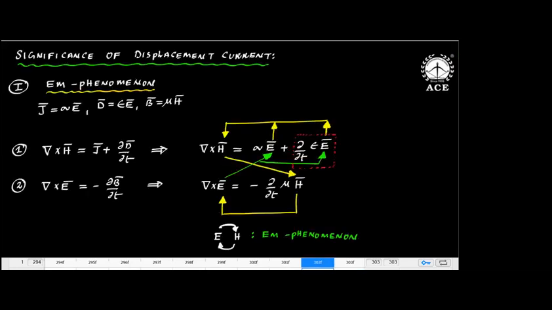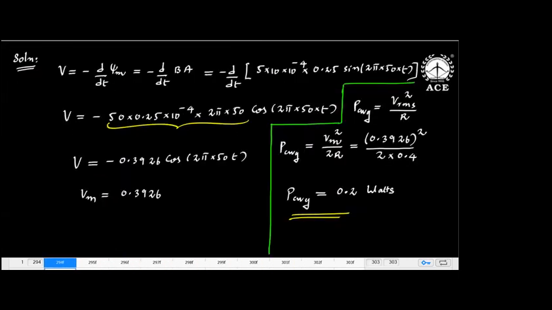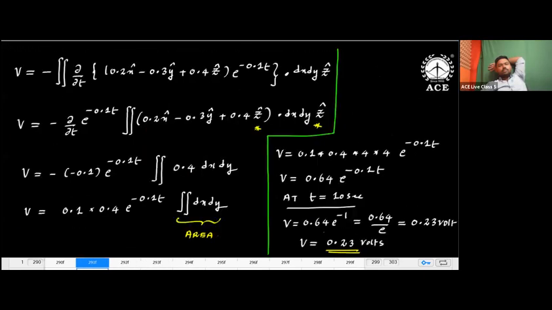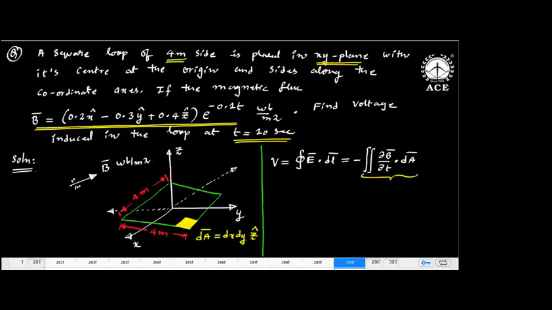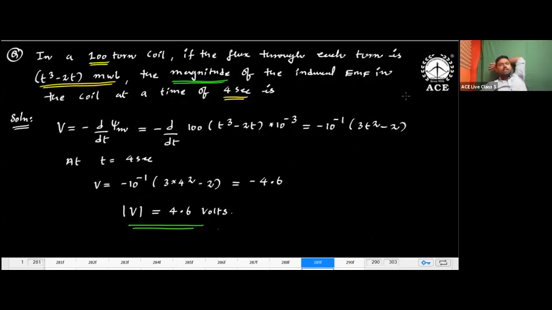Hello, sir. Sir, you have told the various forms of Faraday's law, the integral form and the differential form. So, sir, which form do we have to use in numericals? We have solved the questions in 3 different forms, so 3 different forms are expected in questions. How do you identify which form to use? Depending on the data he has given.